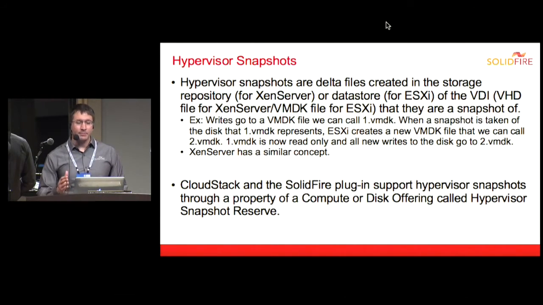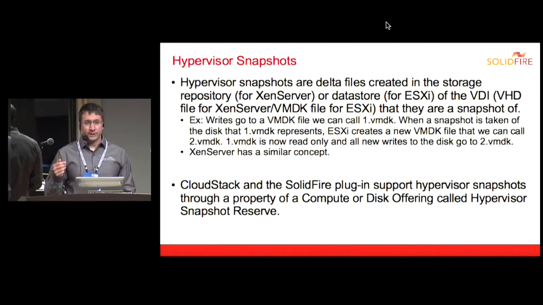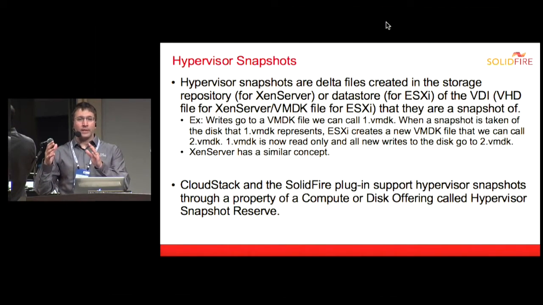What this typically means is, for example in XenServer, you have your storage repository. Within that, you have your virtual disk image, and that's where your writes are going. Let's say that virtual disk image is for a data disk. If you take a hypervisor snapshot, you will actually create another VDI which collects the newer writes.